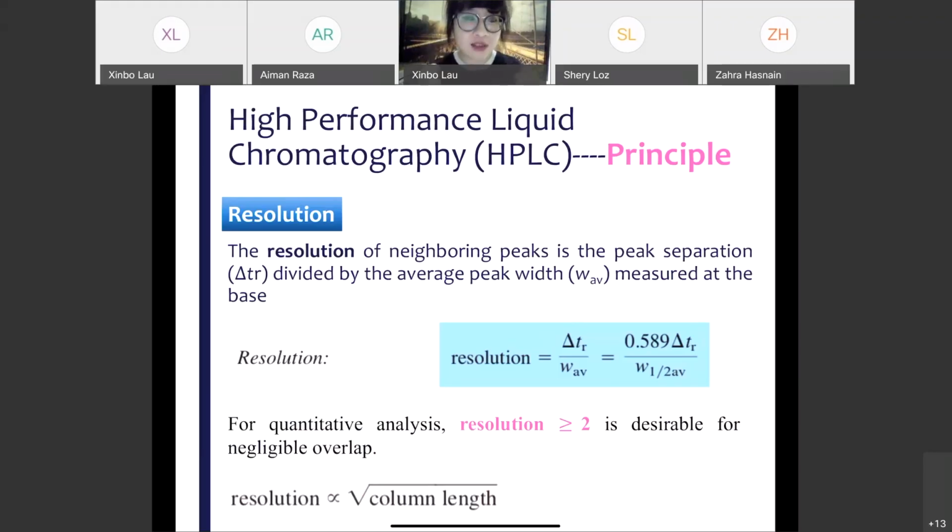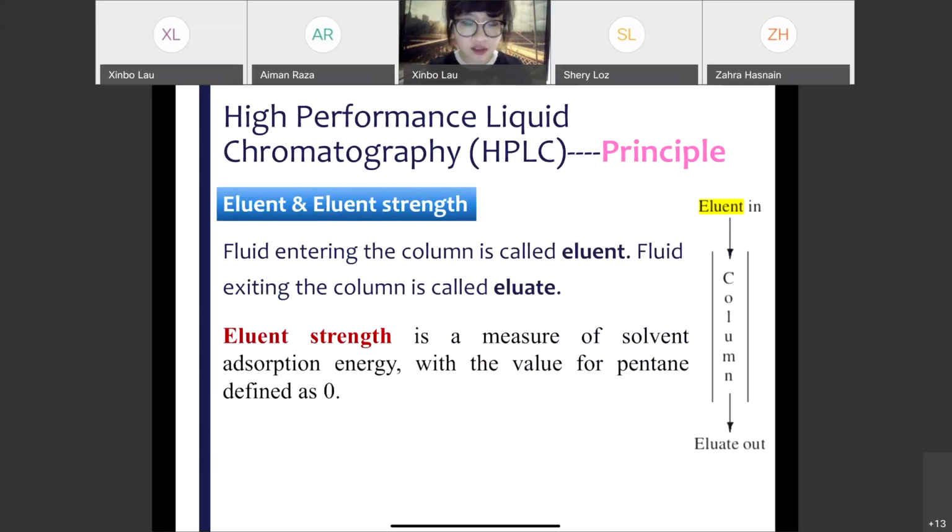Normally, if the resolution is bigger or equal to 2, then we say that's a good resolution, good separation. If they're overlapping, you see two peaks but they overlap, and that's not good. Later I'm going to use my notes so that I can draw, and then you see what I'm saying. So that's the resolution, another term.